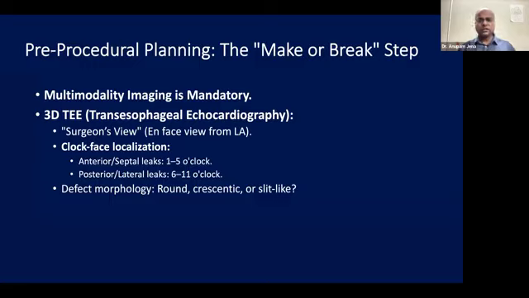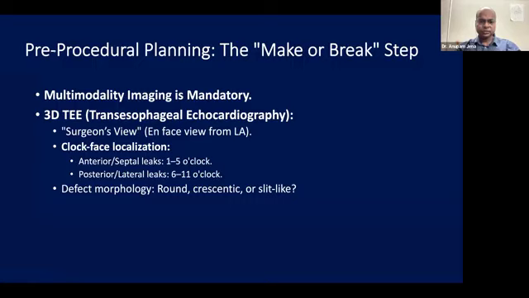Pre-procedural imaging is the most important part in mitral valve interventions, because without proper imaging, mitral valve interventions cannot be done. Fluoro is not much helpful. Mostly 3D TE is needed, and preferably the surgeon's view, that is the en face view from the LA.